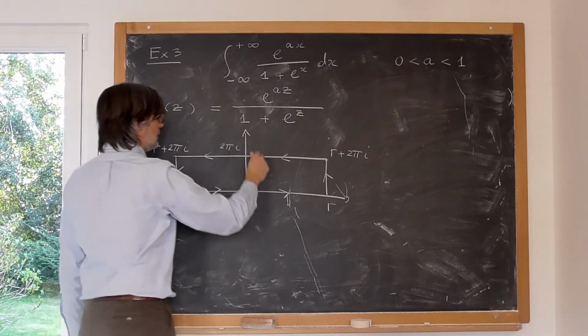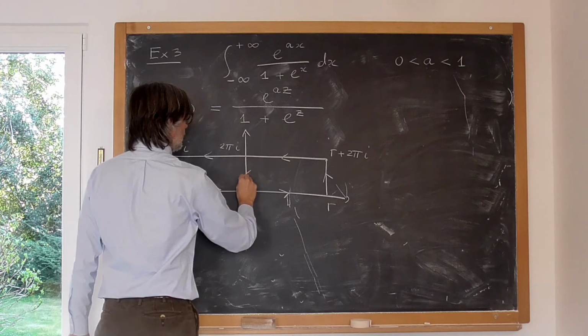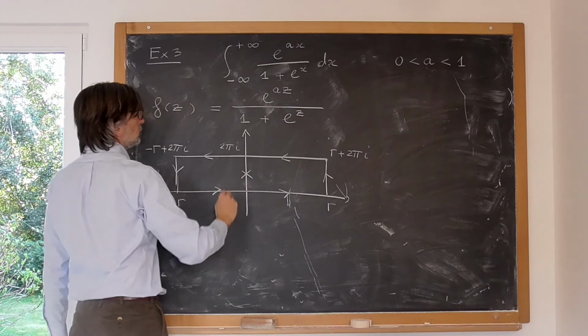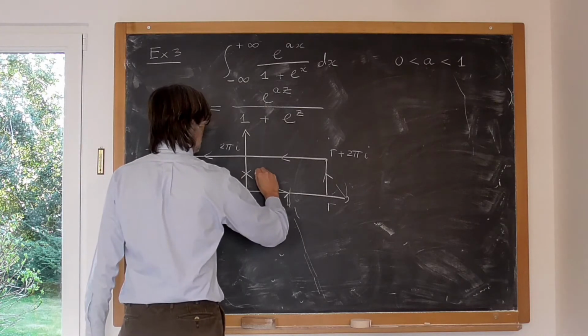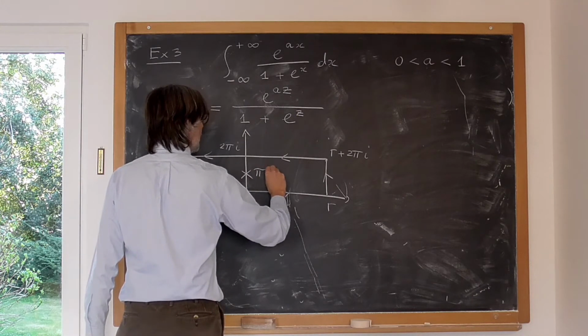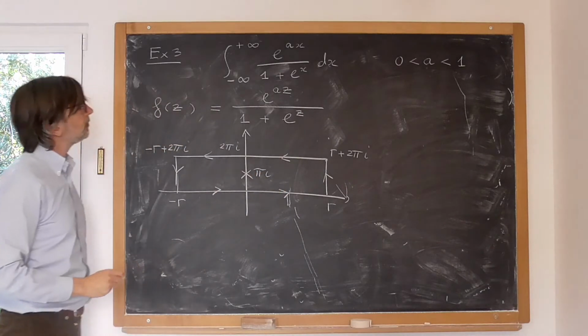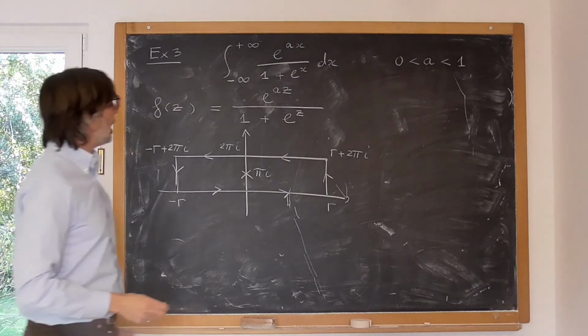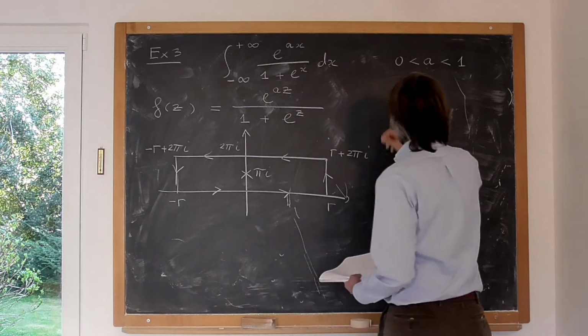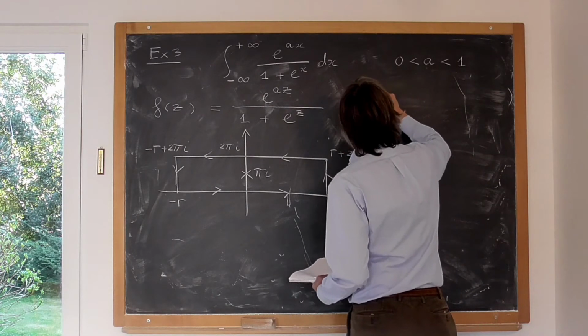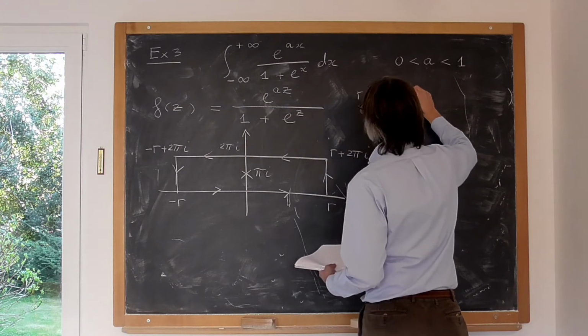So here inside the region bounded by the contour, we have just one singularity at the point pi, here in the middle.